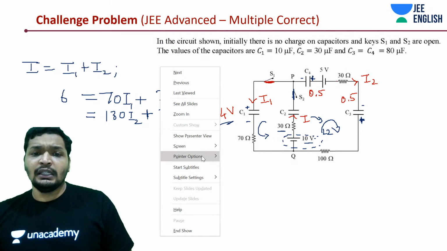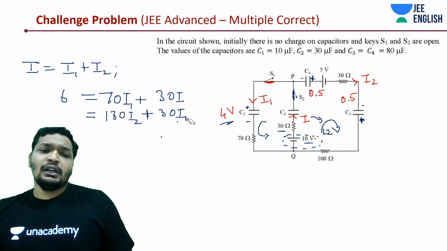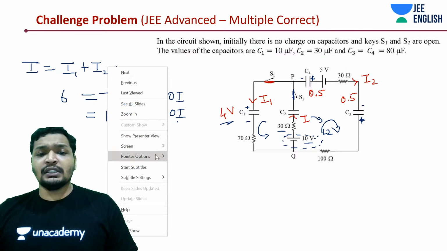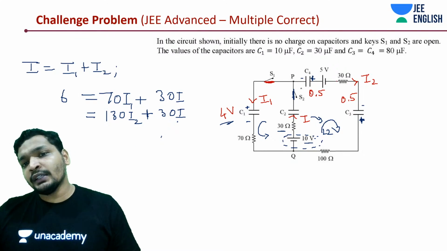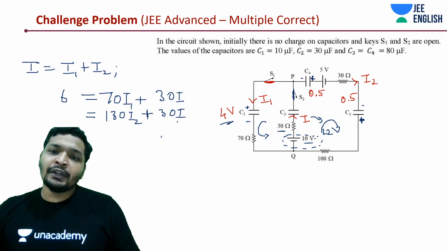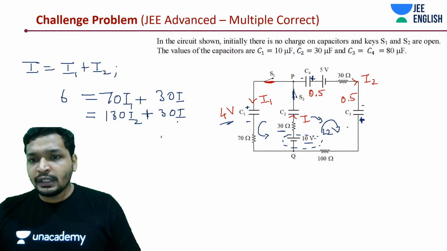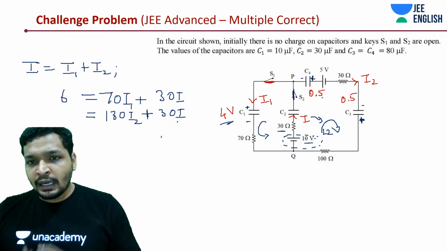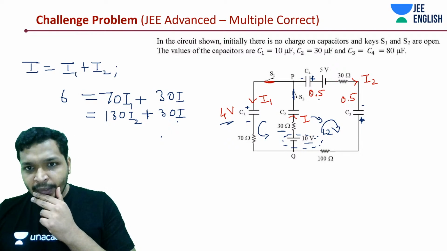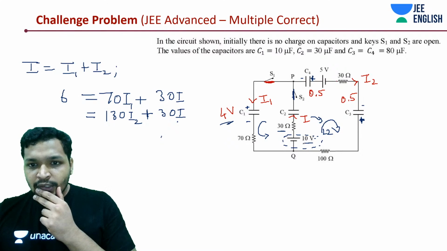I1, not I. You don't have to go for the rest of the things given in this question. So you go in this direction, you are basically going from negative to positive, gaining 0.5. Here also you're gaining 0.5, minus 5. 10 minus 5 and plus 1.